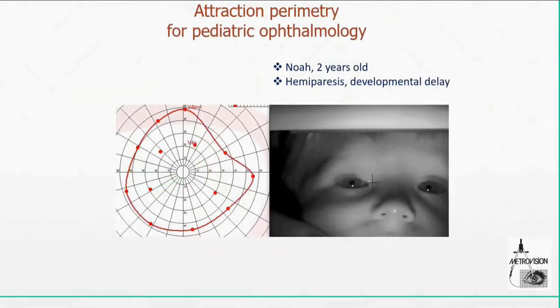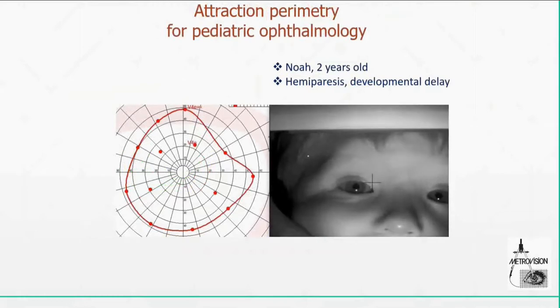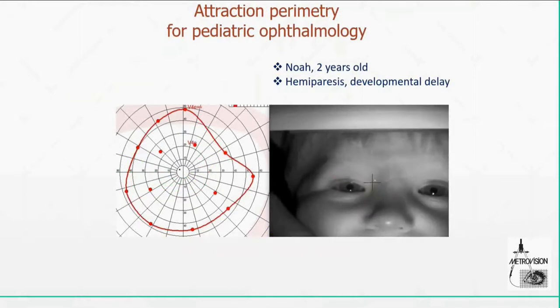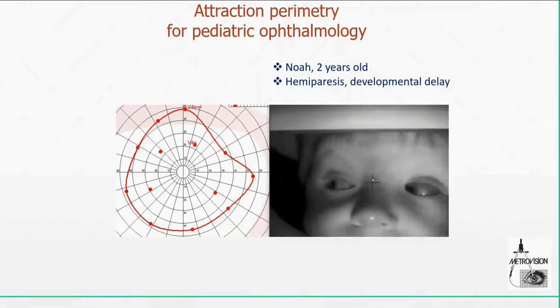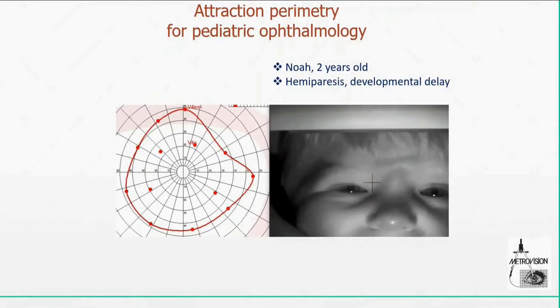And that's because the combination of Goldmann manual control perimetry with video recording and a large viewing field from the video allows us to test very young children or patients with handicap, cognitive handicap, for example. As you can see, this is a test on a very young child. Of course, it's not always possible, but I think it's improving the capability to do this kind of test significantly.